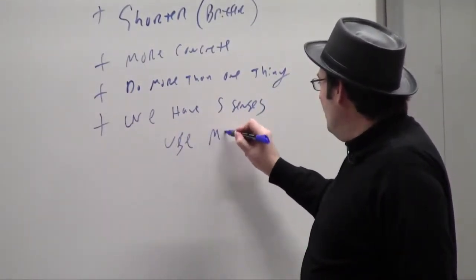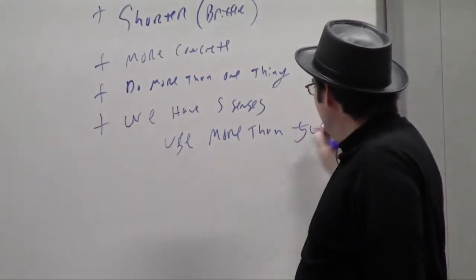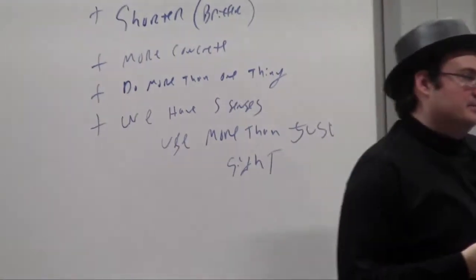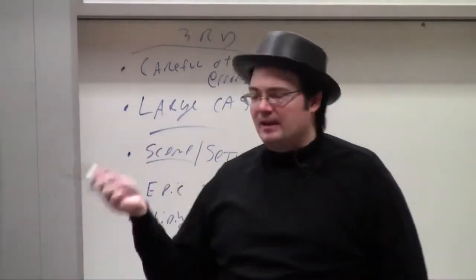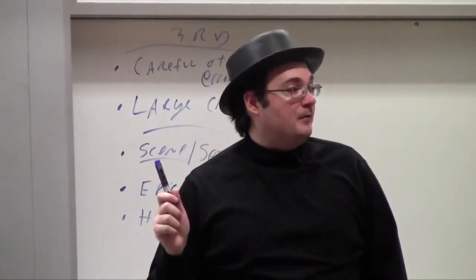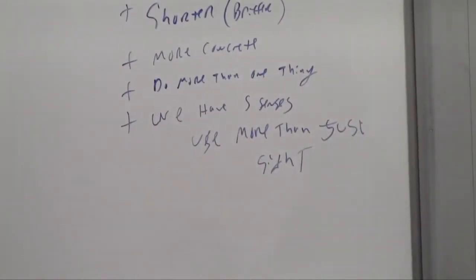Use more than just sight. Okay? So these should basically be your guiding principles for description. Brevity, concreteness, making your prose do heavy lifting for you by doing more than one thing, and remembering that you have multiple senses. Let's go down the list.